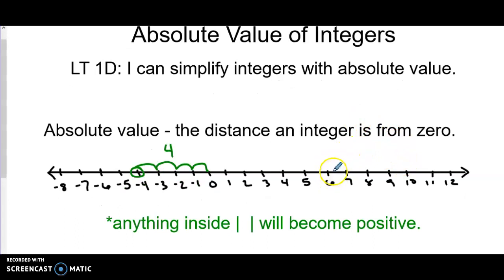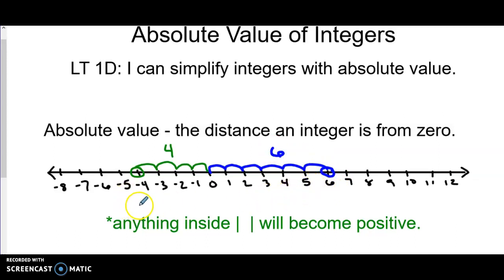All right, let's take a look at another example. Let's look at the absolute value of +6. So let's figure out what the distance 6 is from 0. 1, 2, 3, 4, 5, 6. So +6 is 6 units away from 0.